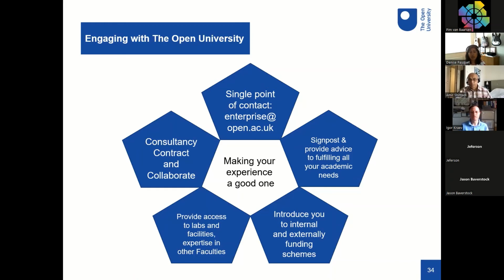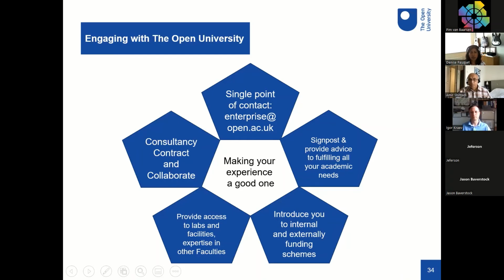The OU has a wealth of knowledge and expertise to apply in practice to help you solve a number of issues and potentially help you leapfrog your competition and give you a competitive advantage. Companies can engage with us through a variety of ways.